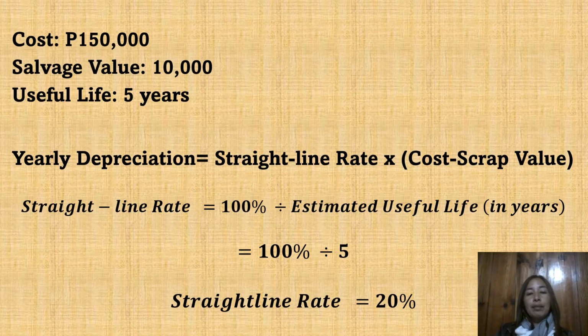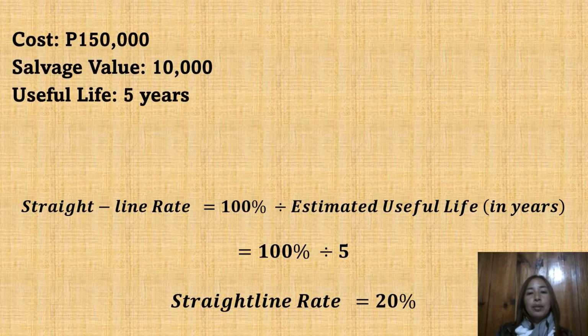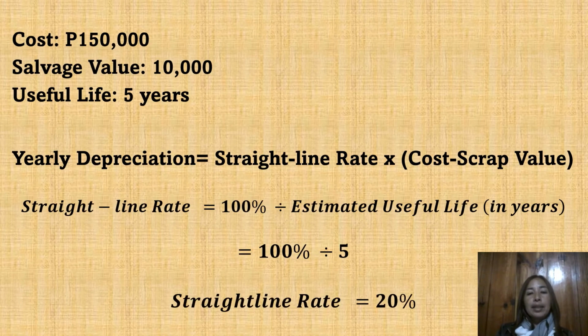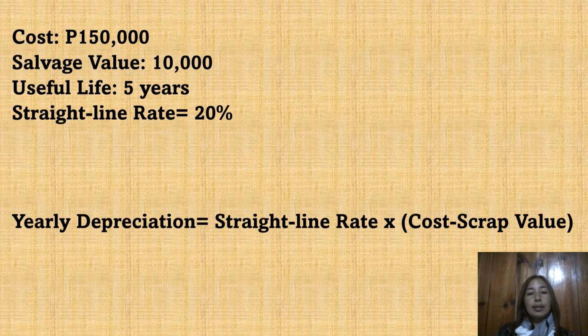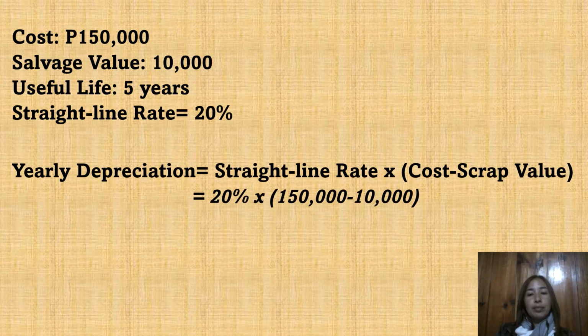So we have that. The next would be, we are going to multiply that straight line rate doon dito sa ating formula. Okay, so again, 150,000 minus 10,000, that is the cost minus the scrap value, multiplied by 20%, is still 28,000.